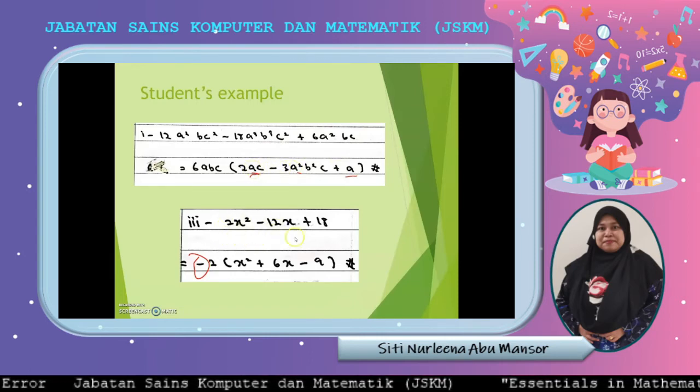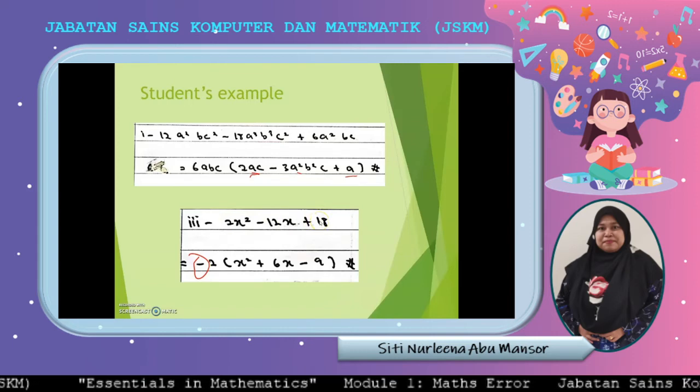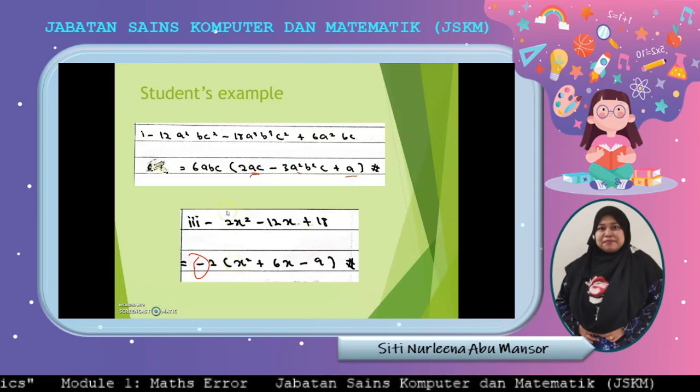Okay, for this one, this student factorized a negative 2, whereas the question is only 2x squared minus 12x plus 18. There is no negative 2. If not, the student should put negative x squared here.